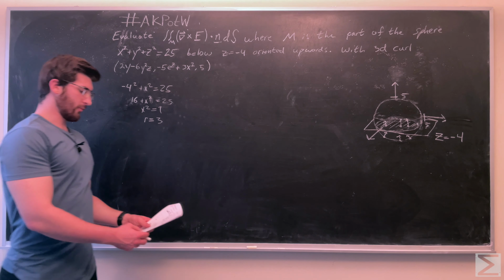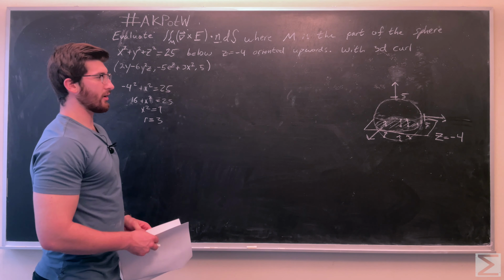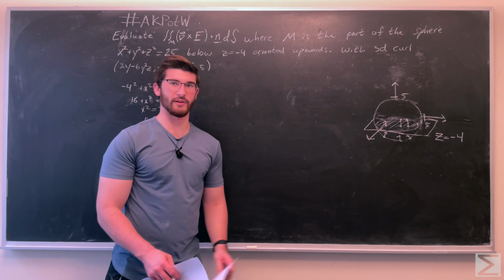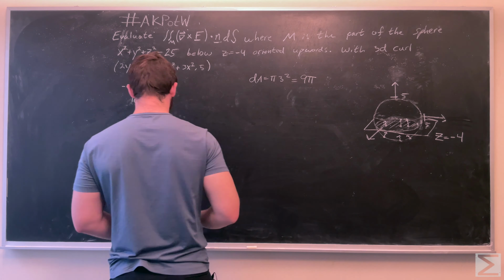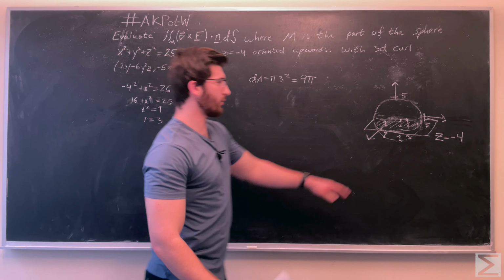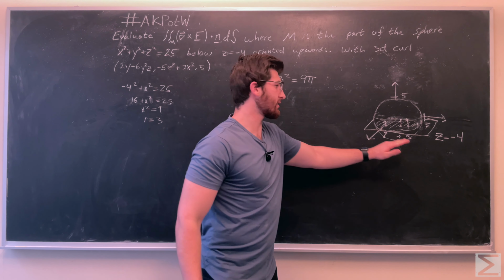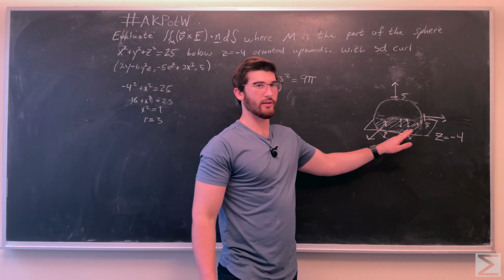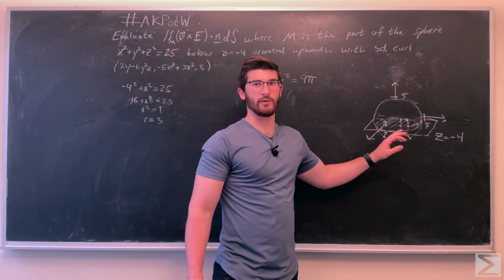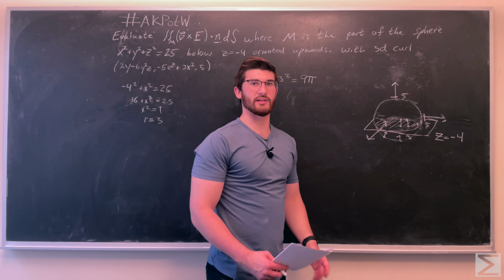So moving from there, we can find dA of the disk at z equals -4, pi r squared, so pi times 3 squared. And since we're dealing with this disk that's in the xy plane, we know that this unit vector that's oriented upward is just going to be 0, 0 in the x and y, and 1 in z.